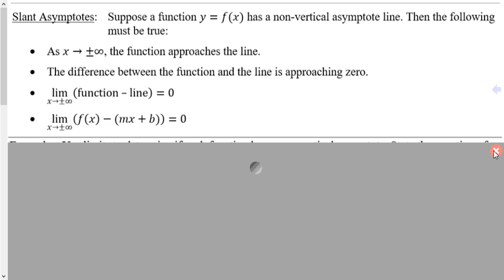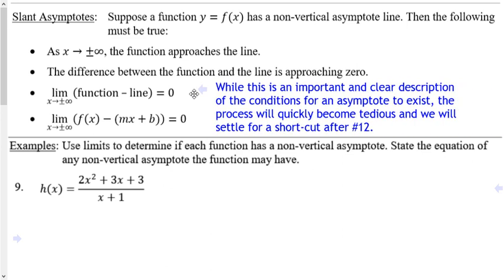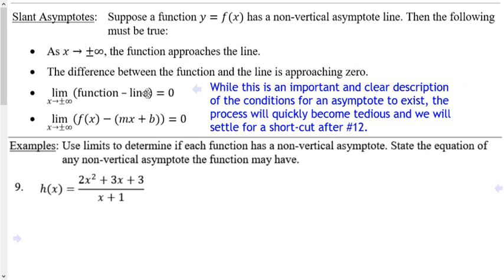But just a note here that even though this is really important and a clear description of the conditions for an asymptote to exist, using this limit process becomes pretty tedious and seems unnecessary fairly quickly. But we are going to keep using it for the next 4 questions, and then we'll look at shortcuts after that. Okay, so question number 9.